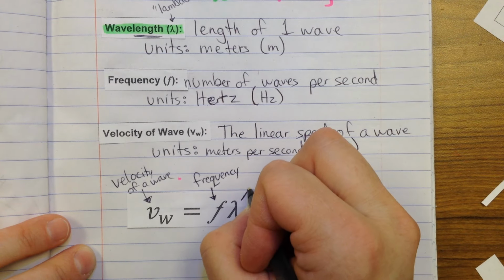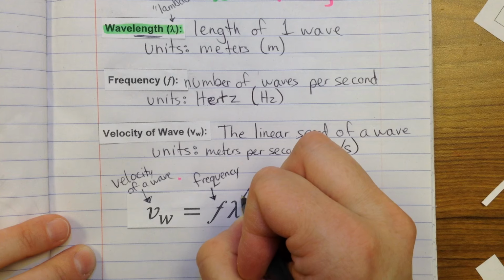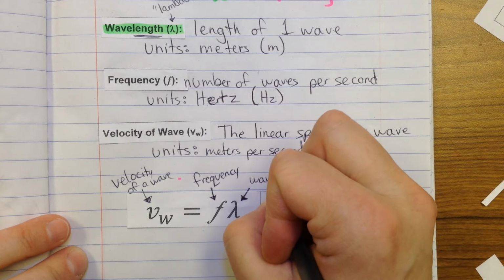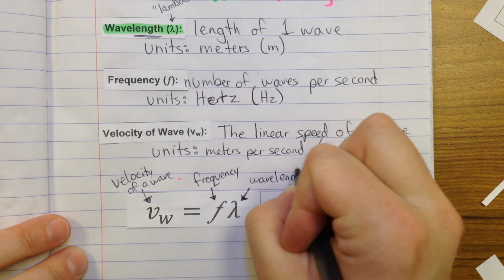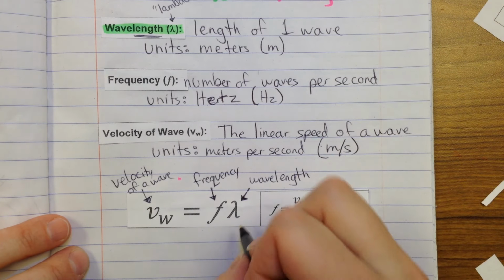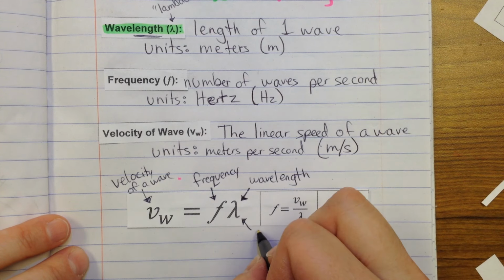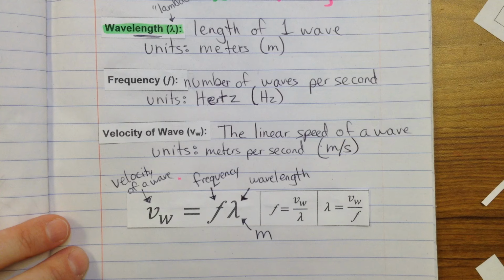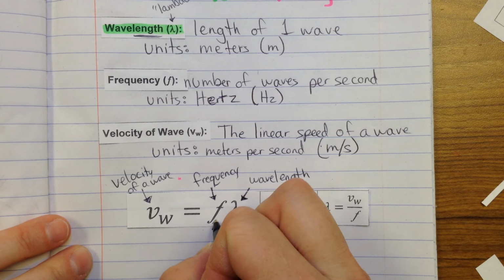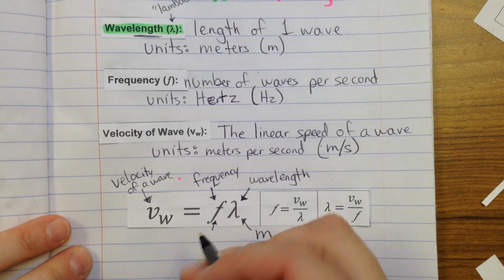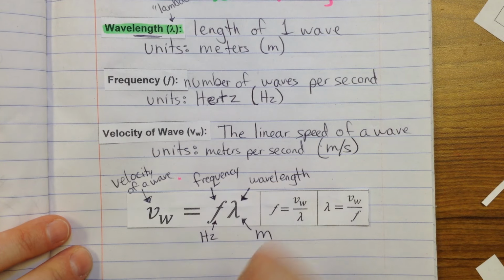What does that funky symbol from the Greek alphabet called lambda stand for? Wavelength. The length of one wave, and the units of measure for wavelength are meters. And what are the units of measure for frequency? Hertz.